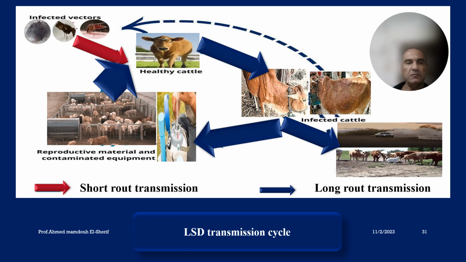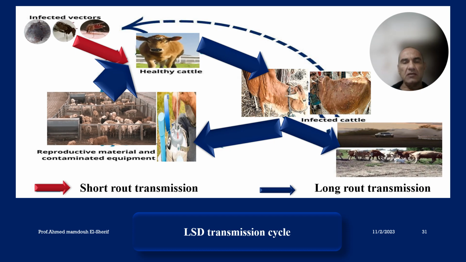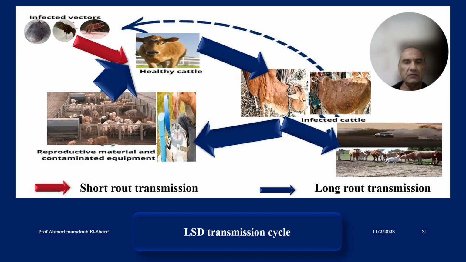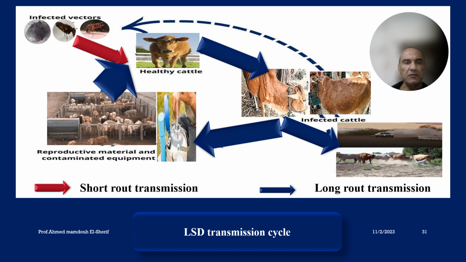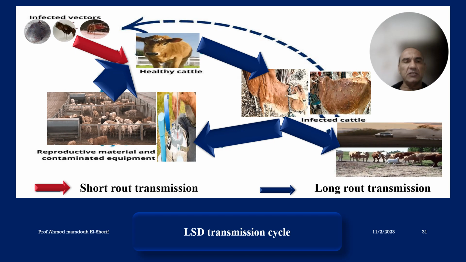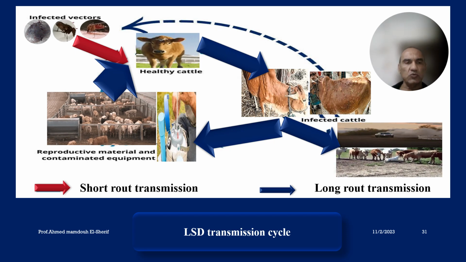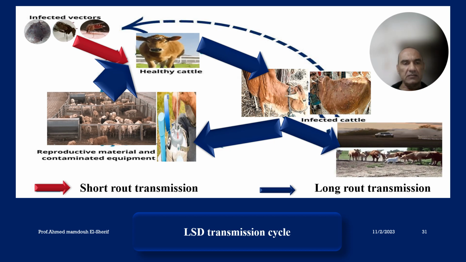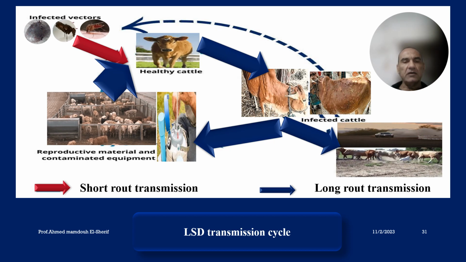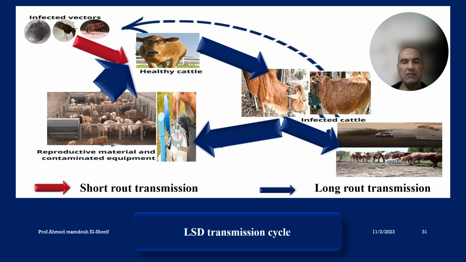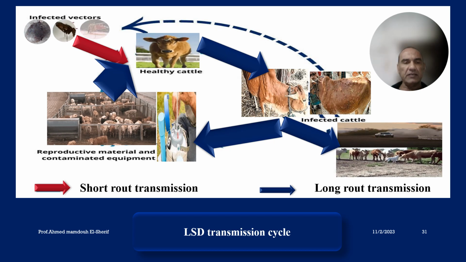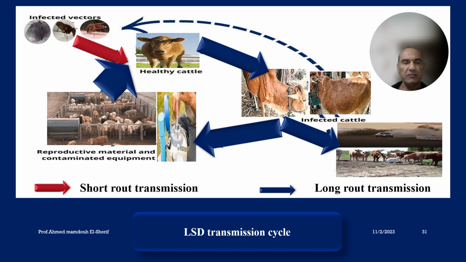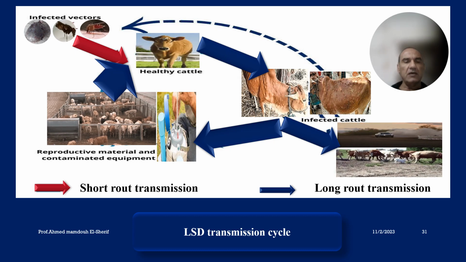First of all, the virus is transmitted from infected cattle to vectors, changing them from free vectors to infected vectors. The second way is by transmitting the virus from infected cattle to reproductive material and contaminated equipment.